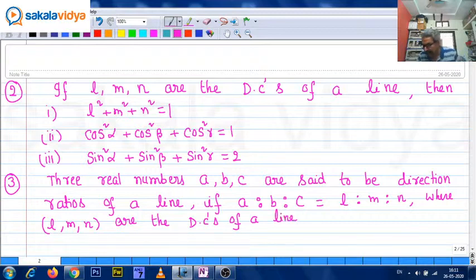Any 3 real numbers A, B, C are said to be direction ratios of a line, provided that their ratio A is to B is to C should be equal to the direction cosines.